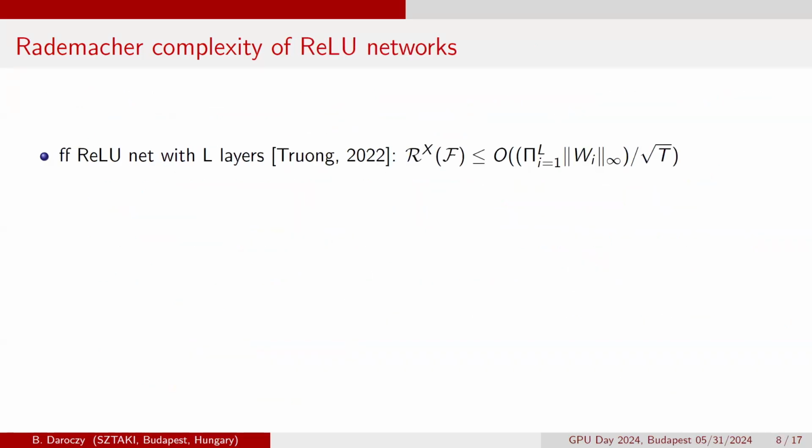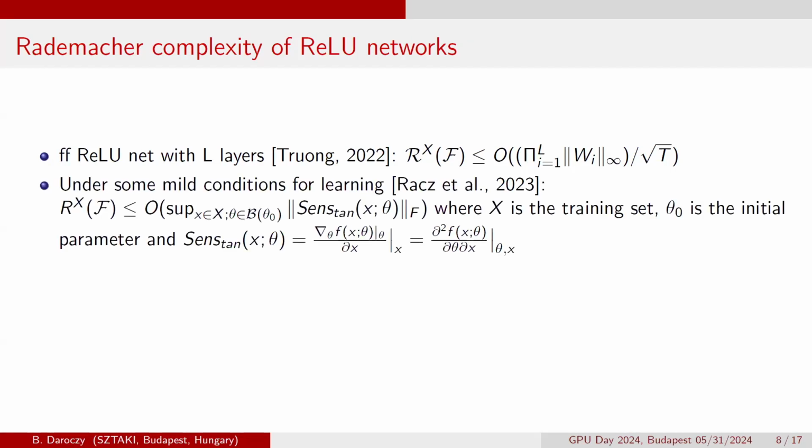Okay, for feed-forward networks, which are the older ones, we have a discrete number of layers and so on. There were some results where these are the weight matrices in the layers, and these are the infinite norms. This is actually a pretty conservative norm, unless we assume additional things.